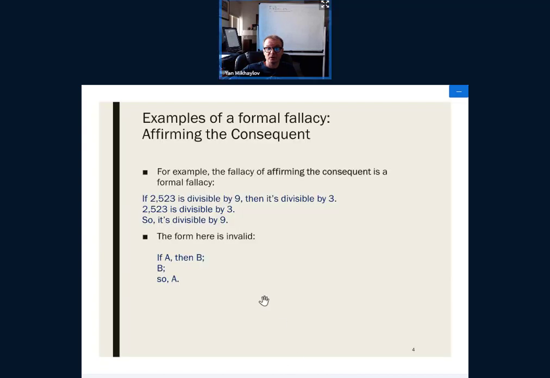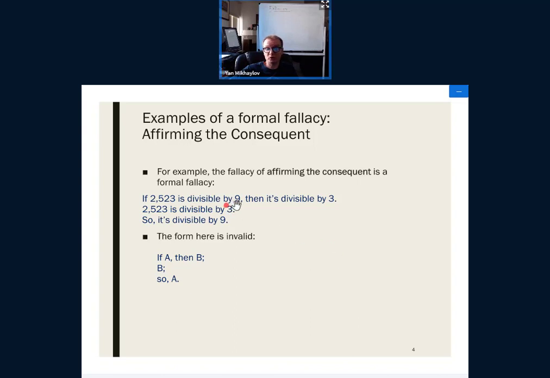Something like this: if 2523 is divisible by 9, then it's divisible by 3. 2523 is divisible by 3, therefore it's divisible by 9. Now if you know math, you know this is actually not how it works. It is perfectly true that if this number is divisible by 9, then of course it will be divisible by 3.